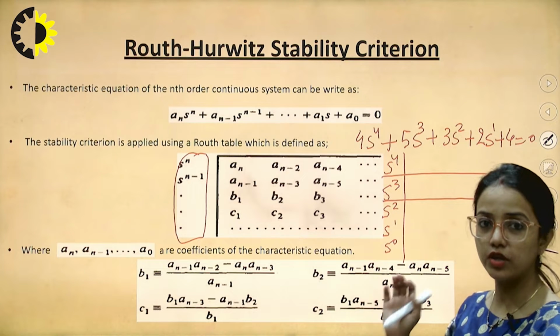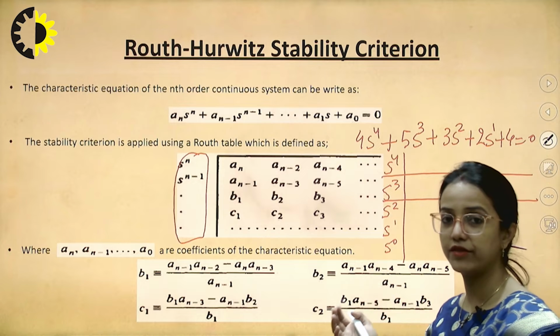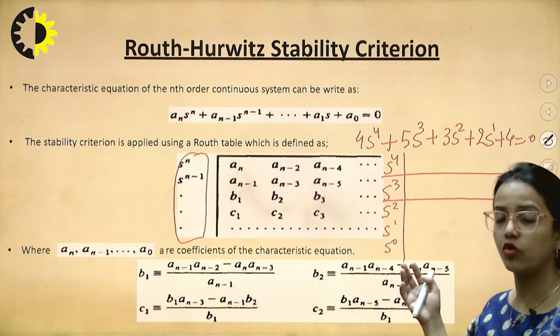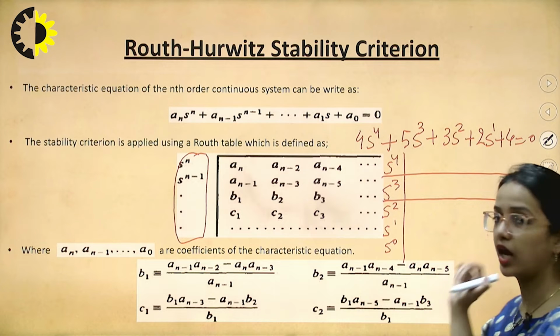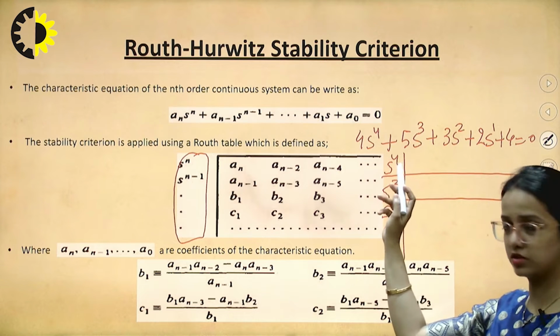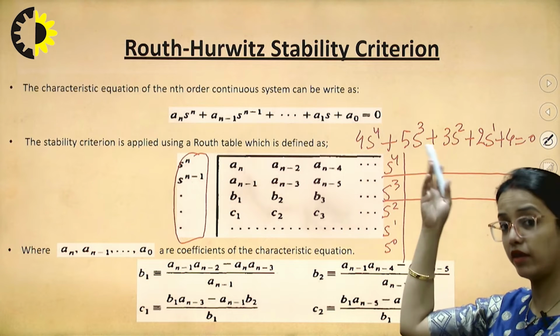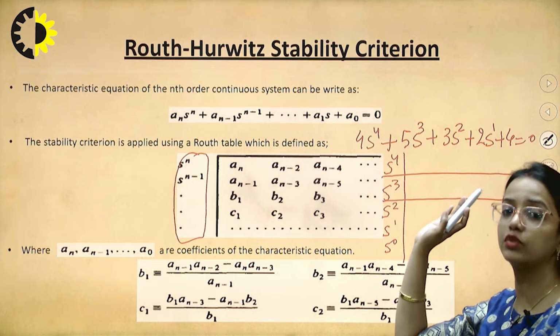Now, the first two rows will be framed from the characteristic equation itself, and we will just keep on writing the coefficients. The first row will have all the even coefficients, because the power 4 is even. If instead of 4 we had s to the power 7, then all the odd coefficients would come first.